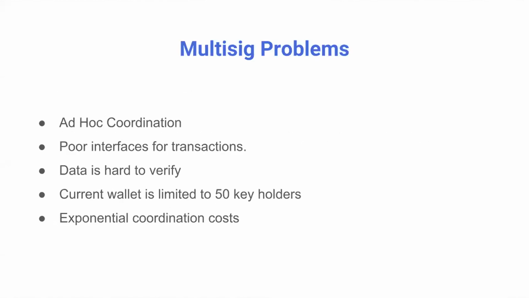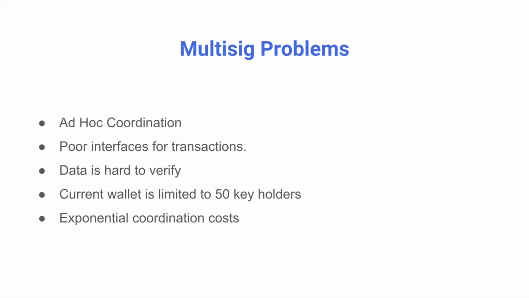But with the benefits comes a lot of problems, and that's really what we want to highlight and get more people thinking about, to figure out what some possible solutions are. A lot of them are user experience solutions, but it requires a lot of ad hoc coordination, and we can demonstrate this in a bit.